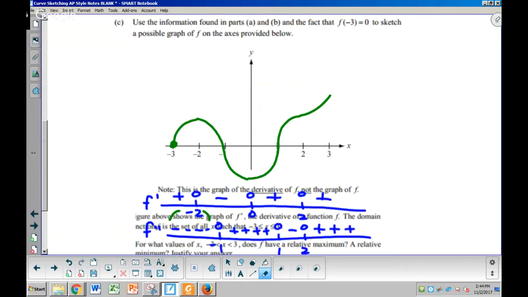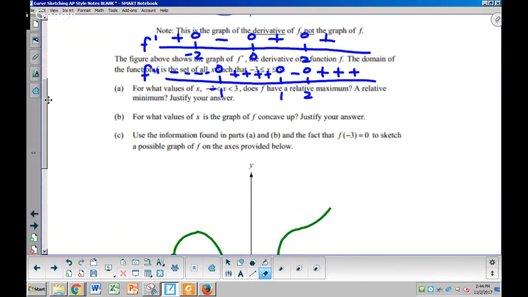I got 1 minute. Using the sign chart, how do I know where this has a relative minimum? I'm going to do the slope thing. Here I have a max, this one is a min, and this is nothing. But they're asking for the open interval, so I don't have to entertain any endpoints here.